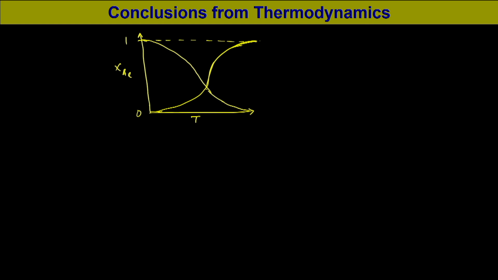So, this is for K very greater than 1 and this is for K very less than 1. So, this is for exothermic, this is for endothermic reaction.